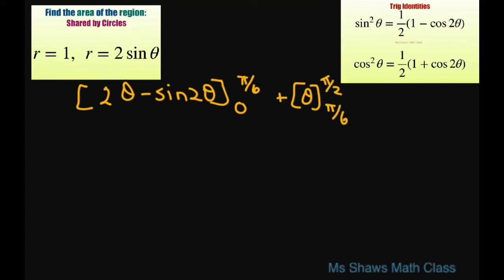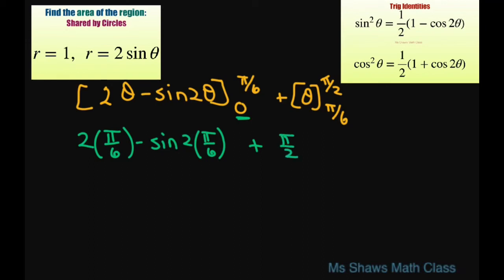For this piece, we're going to get 2 times pi divided by 6 minus sine of 2 times pi divided by 6, and the 0 will just go away. This is going to be plus pi divided by 2 minus pi divided by 6.